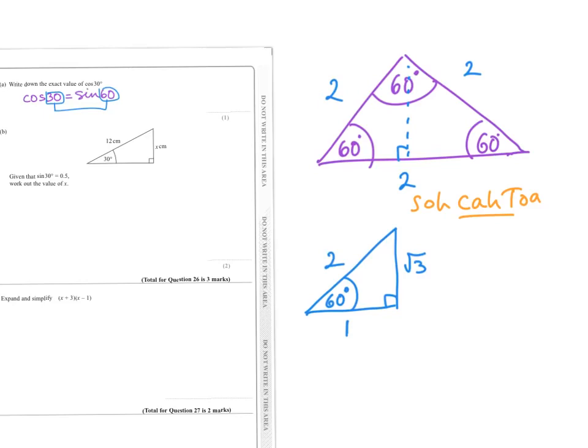But if you wanted the cosine of 30, which is what the question asks, then you should understand that if you've halved this angle here, then this would be 30 degrees, because from here you had 60 but you wanted just half of it. So if you did the cosine of 30, then you would have adjacent over hypotenuse, which is root 3 over 2. So the answer would be root 3 over 2.